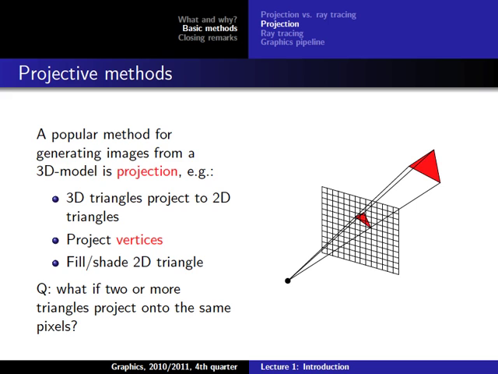Good, so let's start with projective methods. The idea of a projective method is that we create a model of our three-dimensional world. In this case, it is a very simple world and a very simple model. We have a three-dimensional space, and in that space we create our model, which is in this case just a triangle.